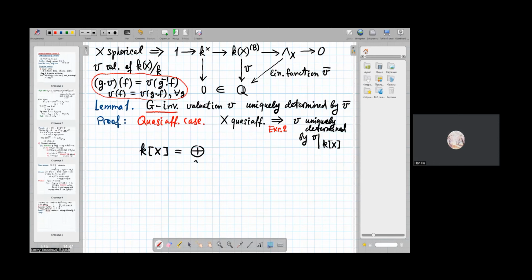So it is a direct sum of subspaces k[X]_lambda, where each of these subspaces is a G-stable subspace isomorphic to the irreducible representation of highest weight lambda.